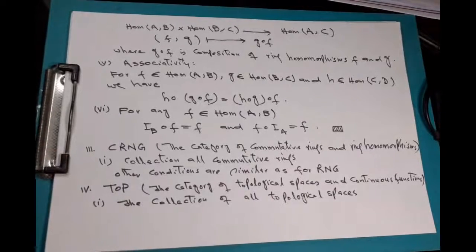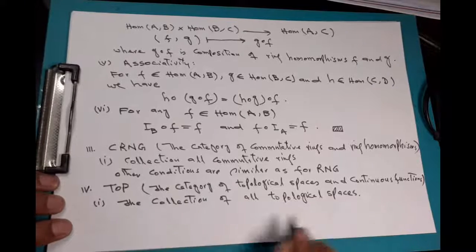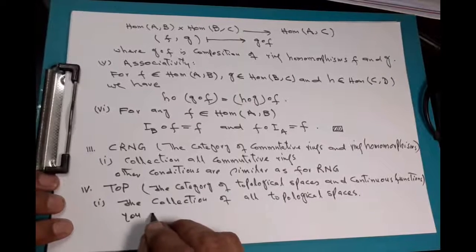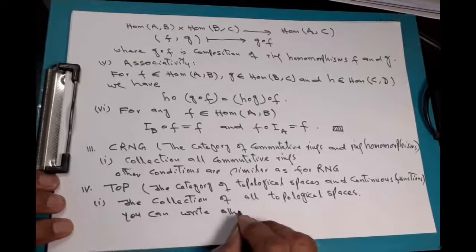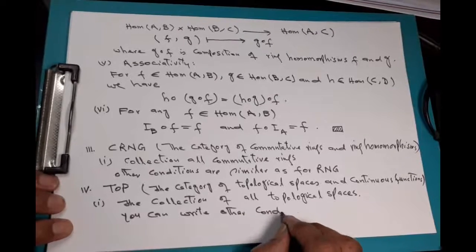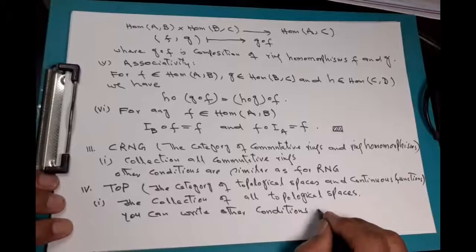And other conditions for morphisms, for identity morphisms, for composition of continuous functions, you can write on your own, as we have done for the category of sets, for the category of groups, for the category of rings. You can write all these conditions on your own.